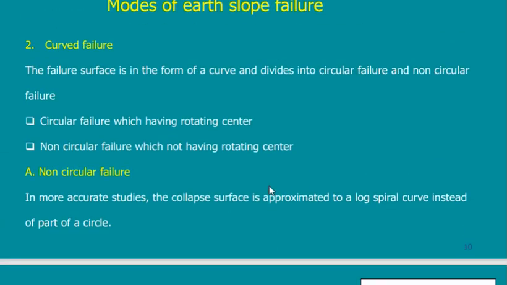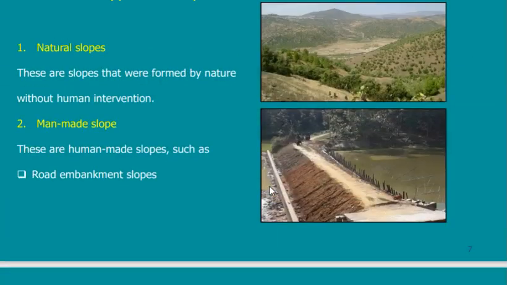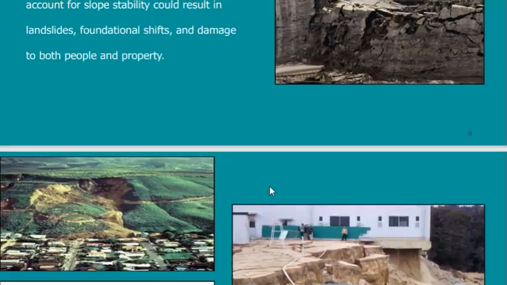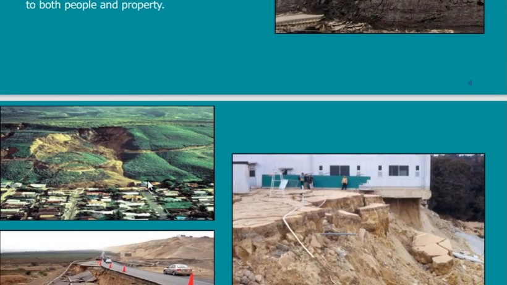If I show you a photo, which one applies to it? Would you consider this a slope failure, a toe failure, or a base failure? Maybe it is not a base failure.